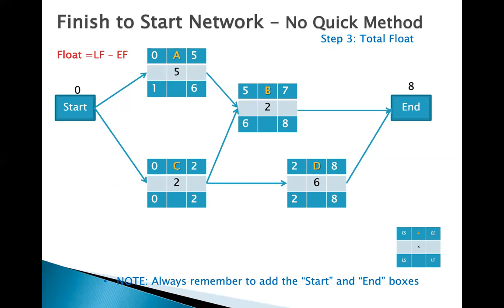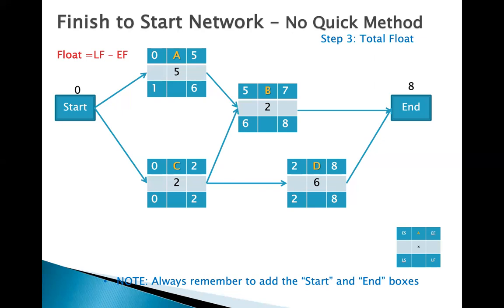It's just subtracting late finish minus early finish. So for activity A, the total float is 6 minus 5, which is 1. For activity B, the total float is 8 minus 7, which is 1. For activity C, it's 2 minus 2, which is 0. For activity D, it's 8 minus 8.